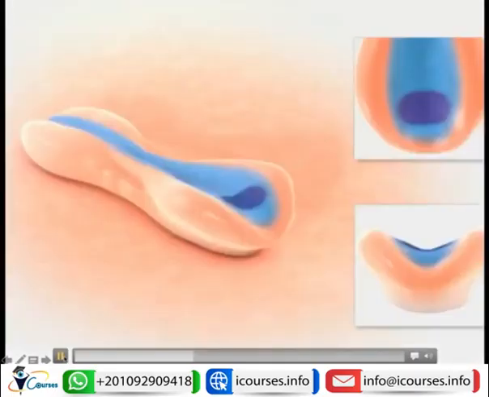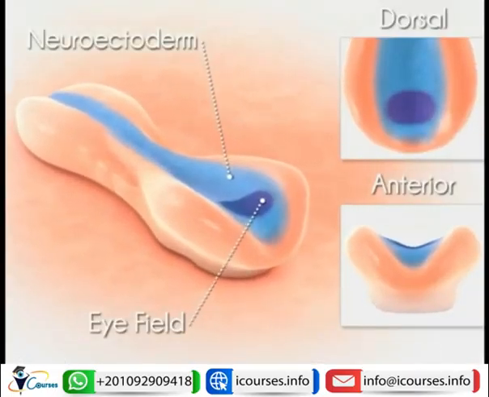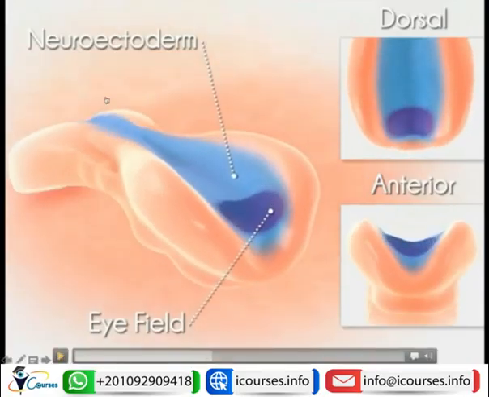In the anterior region of the neuroectoderm, molecular signals designate a subset of cells known as the eye field. Here is the development of the neural tube, and this is the anterior portion of the area of the forebrain that will later form the optic vesicle. So both optic vesicles on both sides will grow laterally until they reach the surface ectoderm.